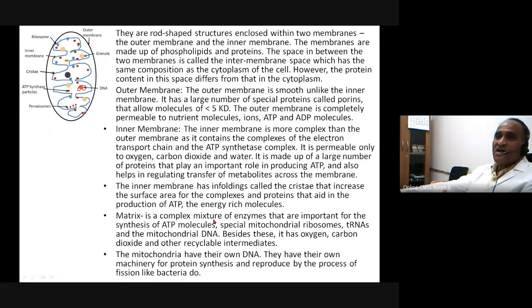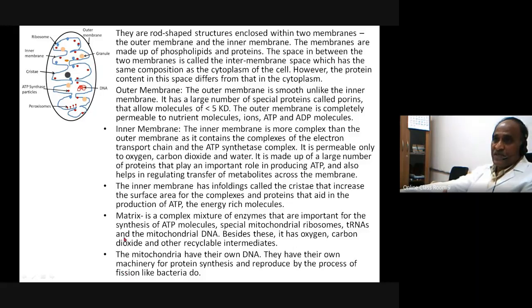The matrix is a complex mixture of enzymes that are important for the synthesis of ATP molecules, mitochondrial ribosomes, tRNA, and mitochondrial DNA. Besides these, it has oxygen, carbon dioxide, and other recyclable intermediates.